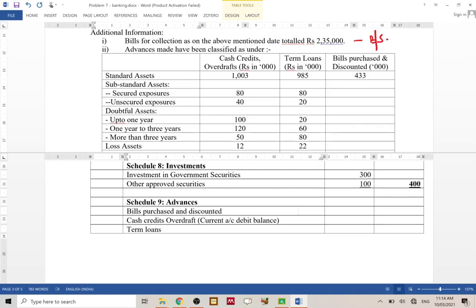Earlier, if we were preparing only the profit and loss account, we would calculate these provisions and show them in the P&L under provisions and contingencies. But in this problem we are doing both the balance sheet and the P&L account, so it will have effects on both sides. That means they will get added to the provisions under P&L. Also they will get deducted from those respective advances. The provisions we calculate on bills purchased and discounted will get deducted from this amount, and similarly for the other types of advances.